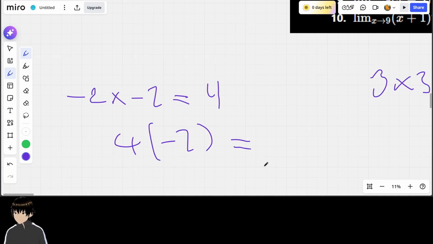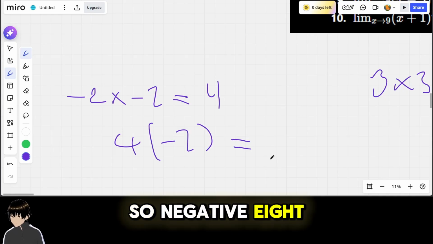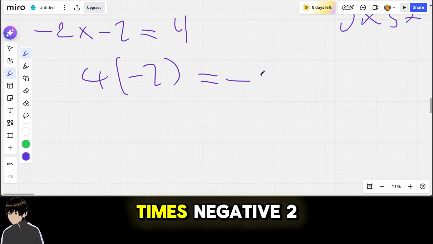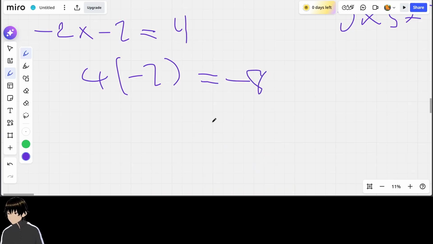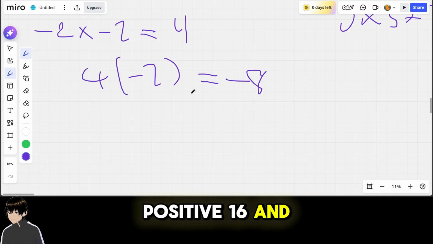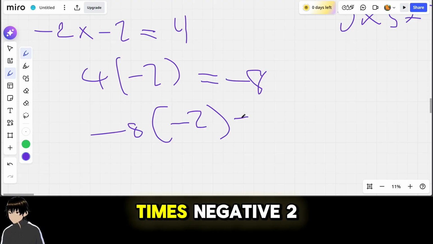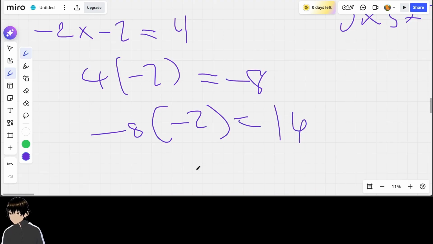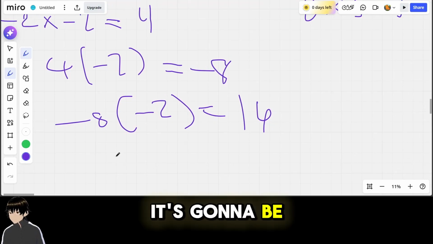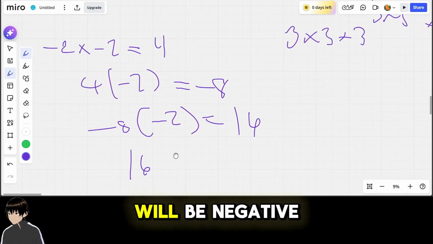Okay? So negative 8 times negative 2 is going to be positive 16. And then positive 16 times negative 2 is going to be negative 32. So our answer will be negative 32.